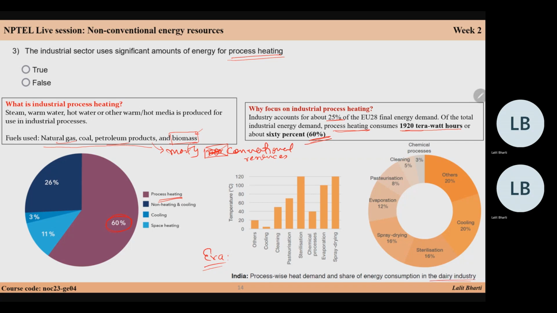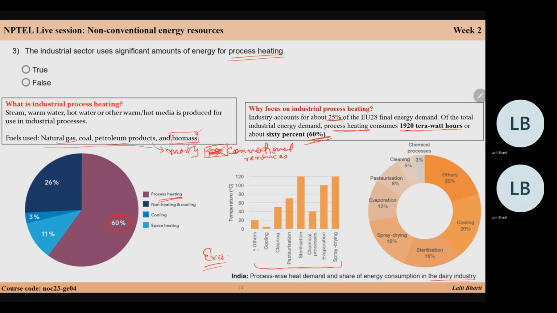Basically, in dairy industries there are various processes, which are mentioned here, and on the y-axis the temperature is mentioned, showing which process happens at what temperature. Only a few processes like cooling are at low temperature.